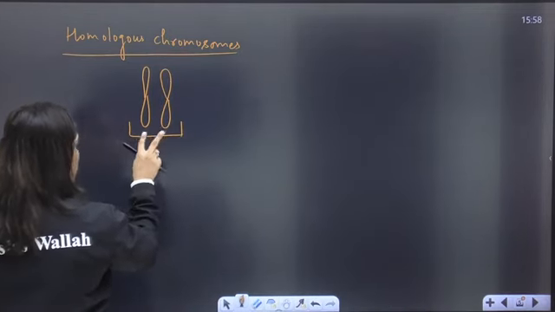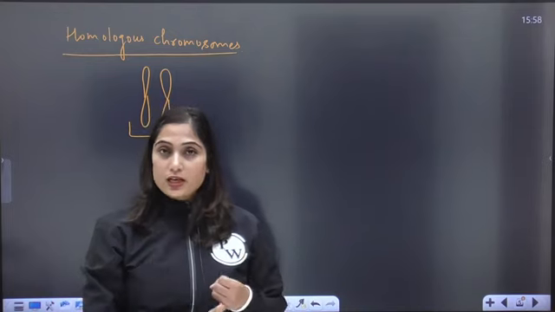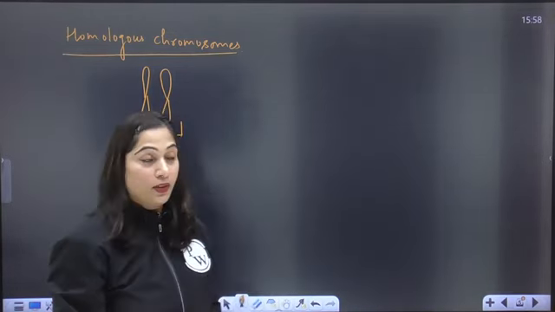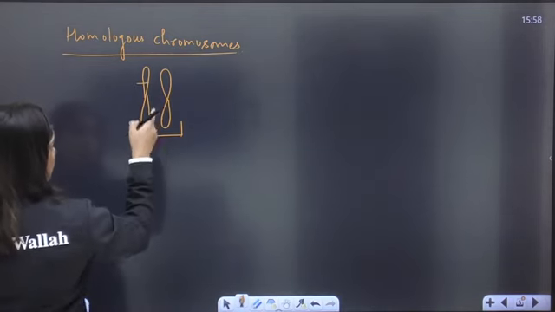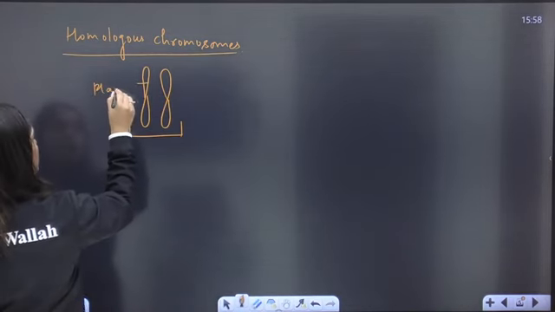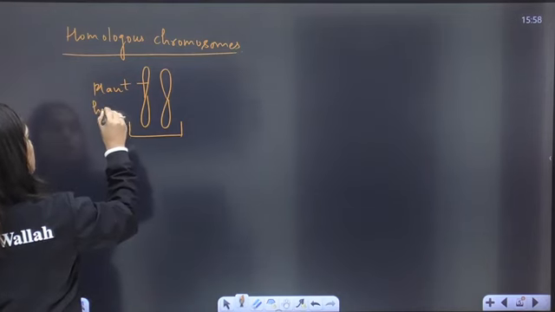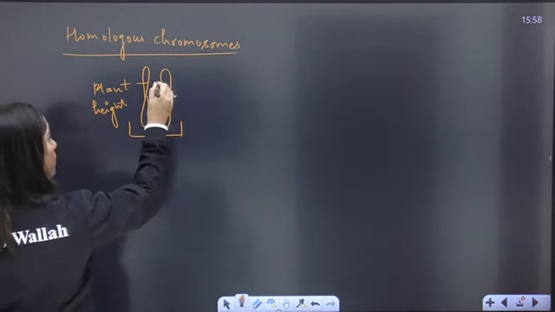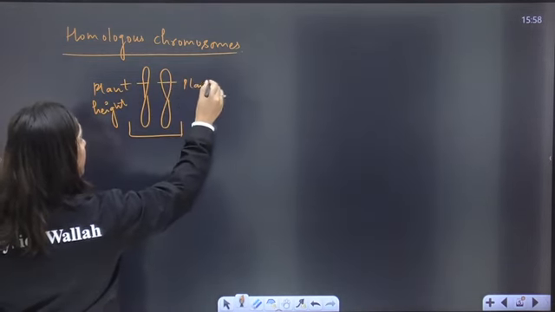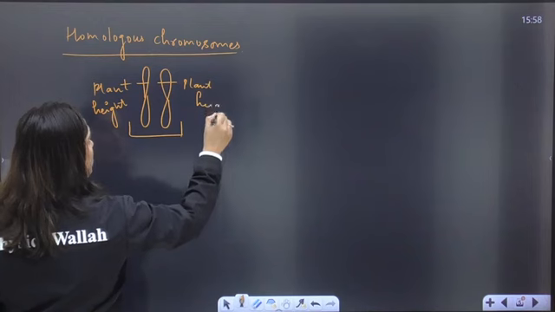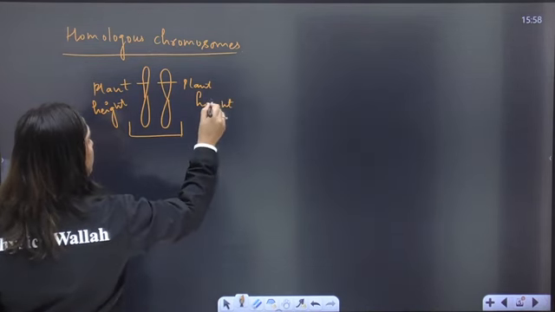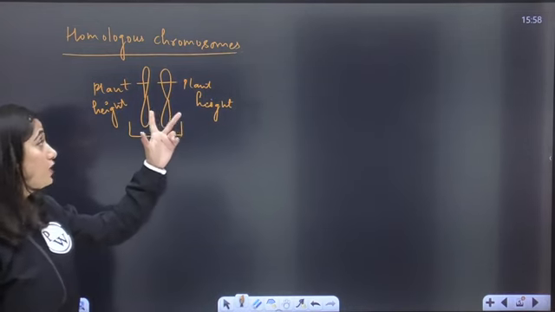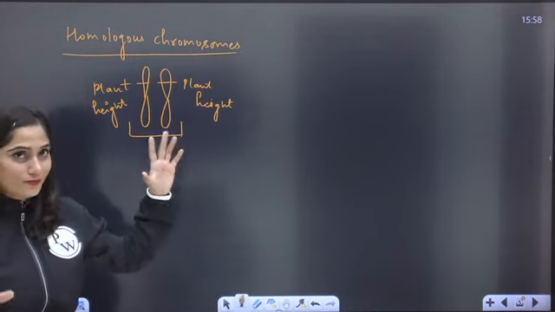Because these chromosomes are similar in size, shape, and the kind of genes they have. Like if this chromosome has the gene for plant height at this particular location, then this chromosome will have the gene for plant height at this particular location only.